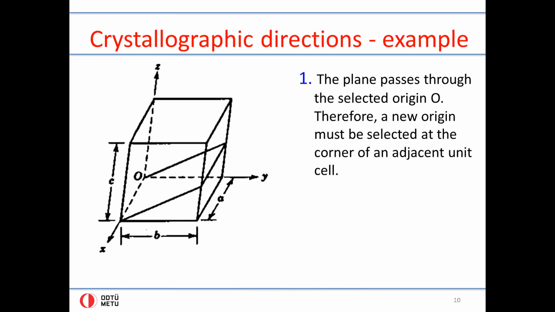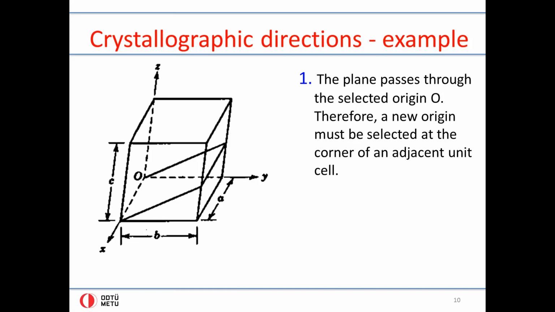So we see our example. The example here is, it's not shaded, but it is this plane. So it's the plane that goes from this point to this point, and this point. So notice again that a plane is two-dimensional, so it keeps continuing in this direction or in this direction, but we're here only interested in identifying the portion within a unit cell to be able to name it.